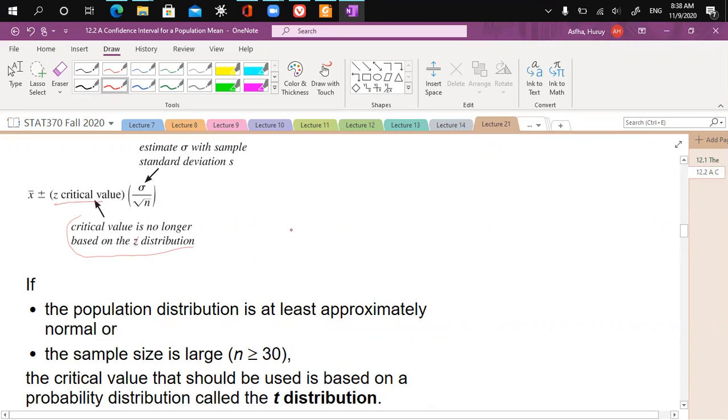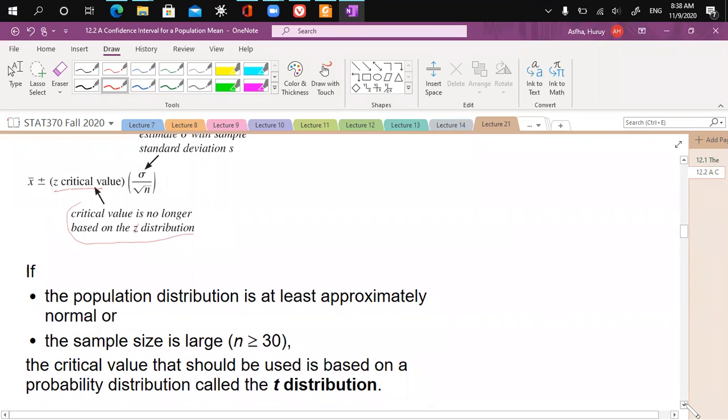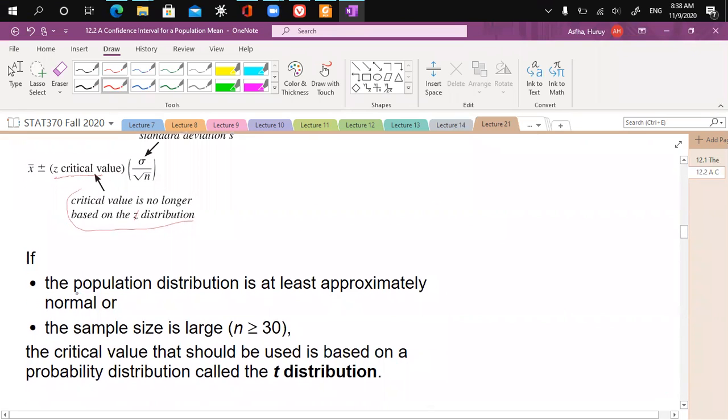We have to use a different distribution, which is called the t distribution. So if the population distribution is at least approximately normal, or if the sample size is large and greater than 30, then the critical value that should be used is based on a probability distribution called the t distribution.